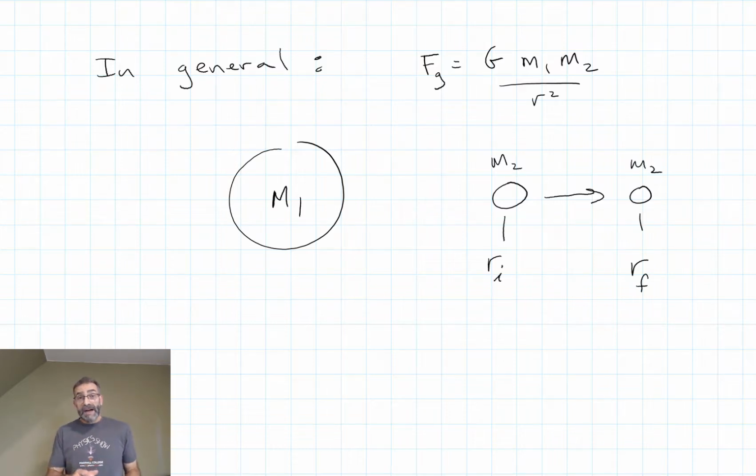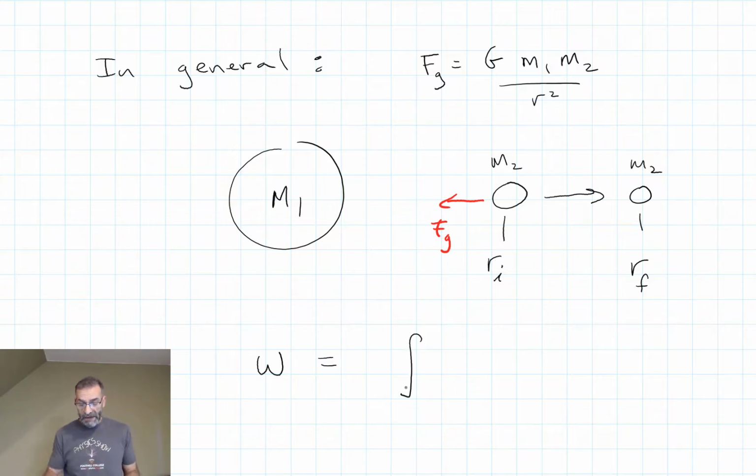If we move our object m2 farther away from m1, the force of gravity is pulling back in this direction. So if our initial r is less than our final r, our force of gravity pushes back this way and we get a cosine of 180 in our dot product F dot dr. We do the same process we did earlier.